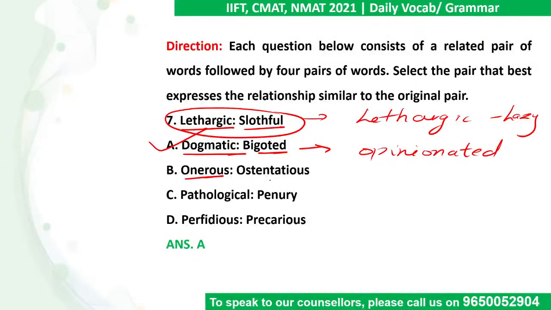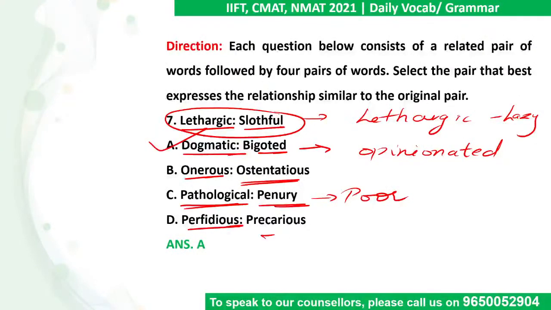Onerous means difficult, an onerous task is a difficult task. Ostentatious means a lot of show off. Pathological means habitual. So a pathological liar is a habitual liar. He has some sort of obsession to lie. Okay. Penury means poor. We did these words.